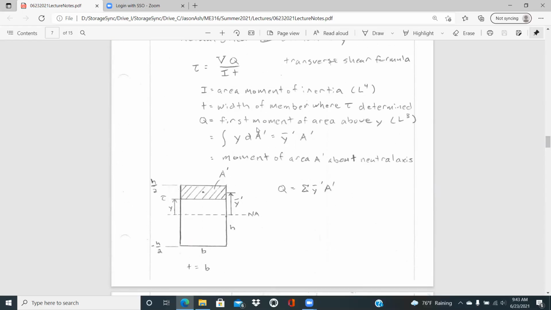But Q has units of length cubed, so inches cubed or millimeters cubed. And it's the integral of y times dA prime. And so the integral of y times dA prime is just equal to y bar prime, the distance to the centroid of that cross-sectional area, times that cross-sectional area A prime.